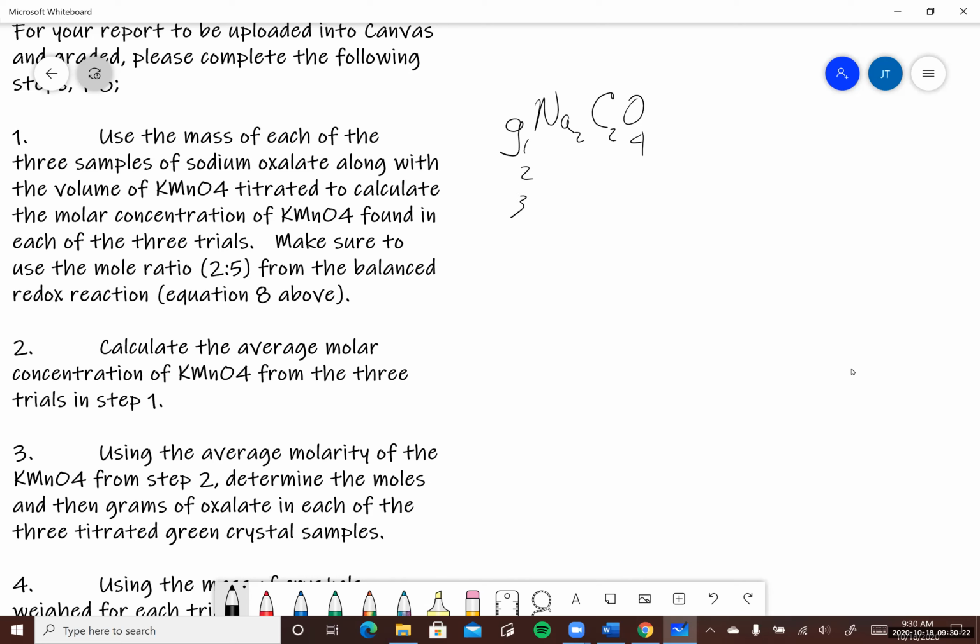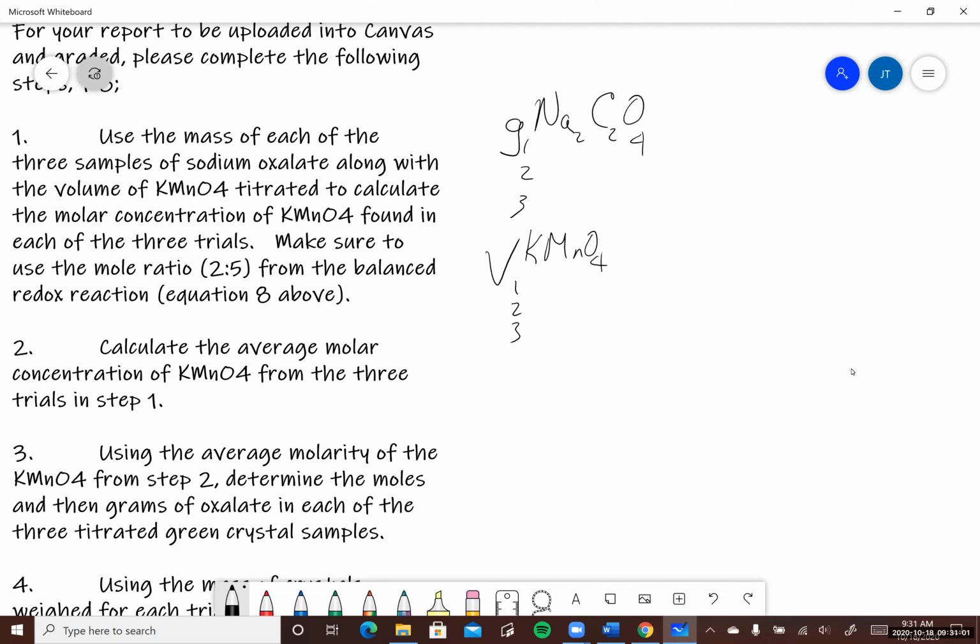You have the volume of, not NaOH, sorry, potassium permanganate. 1, 2, 3. So those are the experimental parameters that you have, and you're gonna need to calculate from that the concentration of the potassium permanganate.